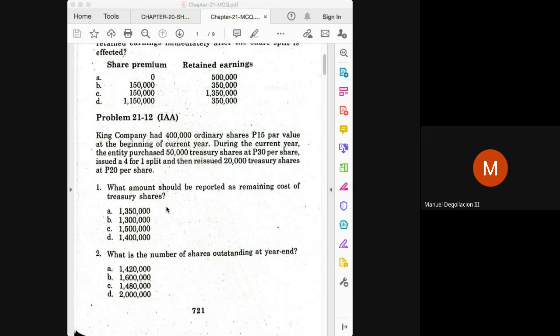Later on there was a stock split of 4-for-1. So you have to multiply 400,000 by 4. That means after the stock split, the total issued shares would be 1,600,000.